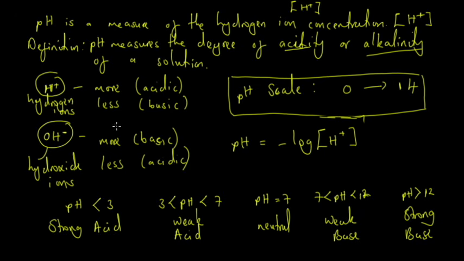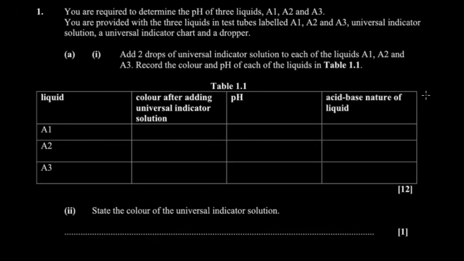Okay, so we have several ways by which we can actually infer if a solution is acidic or basic, and if it's a strong or a weak acid, or a weak base. There are some ways that you can know. Usually those are the ways that they test for in your exam.